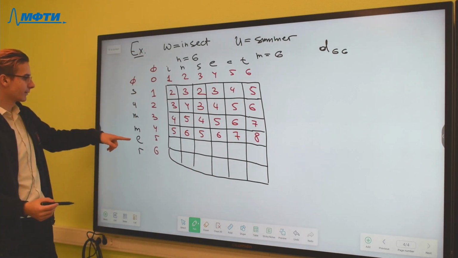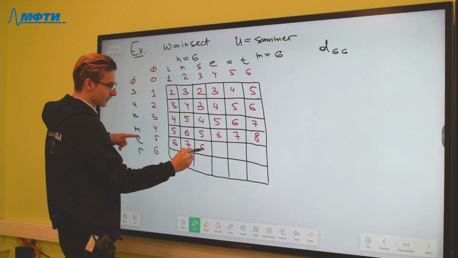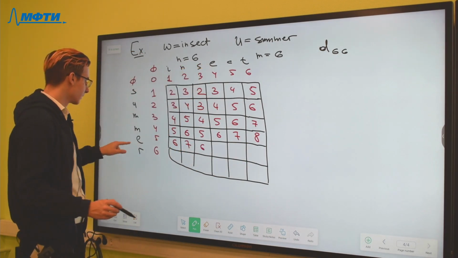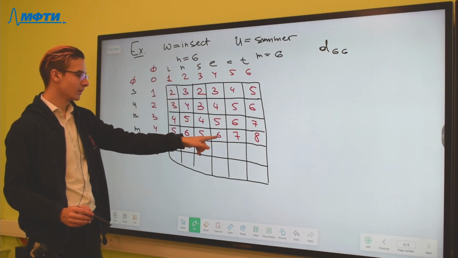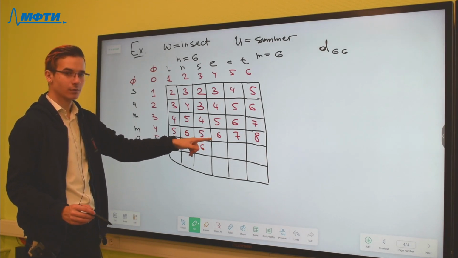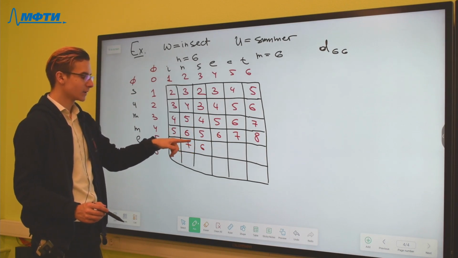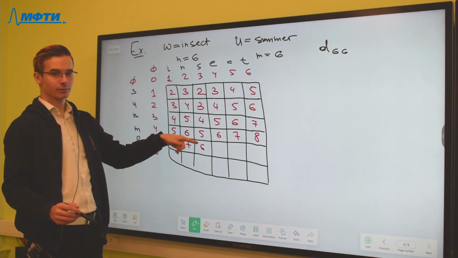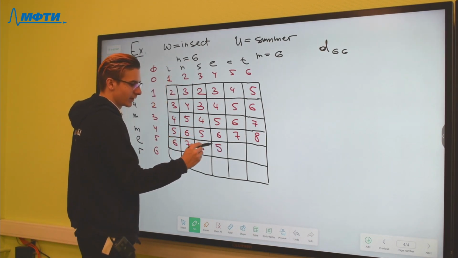And then we see for E, it's equal 6, 7, 6. And then we see that Z is equal, yeah. So we add to this number 1, 7. We add to this number 1, we get 7. And then compare 7, 7 and 5 because they are equal. And we write here 5.